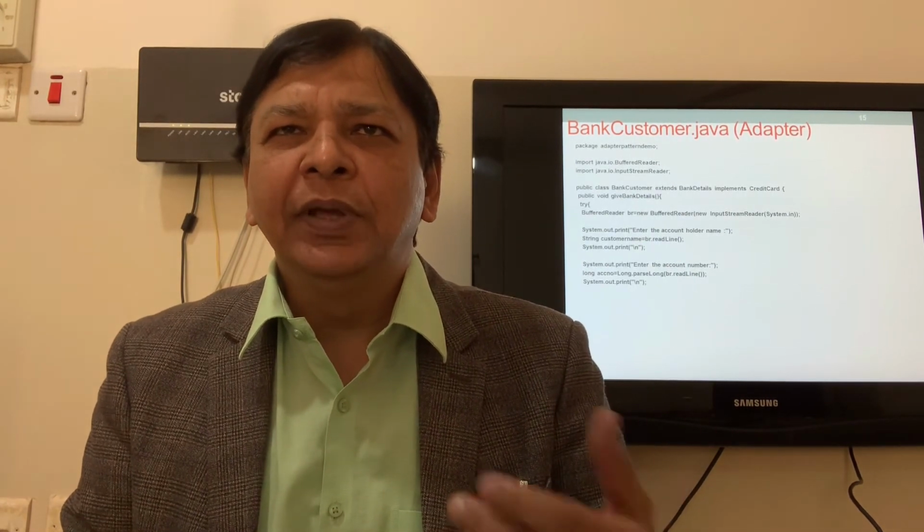Then I have the adapter, BankCustomer.java. So I have the same package, import java.io.BufferedReader, import java.io.InputStreamReader, public class BankCustomer extends BankDetails, which is the adaptee, implements the interface CreditCard, and then public void giveBankDetails, the try block, BufferedReader buffer object, new BufferedReader, new InputStreamReader, System.in, and then System.out.print, enter the account holder name, String customerName is equal to buffer.readLine, System.out.print new line, System.out.print, enter the account number, and long accountNumber is equal to Long.parseLong.